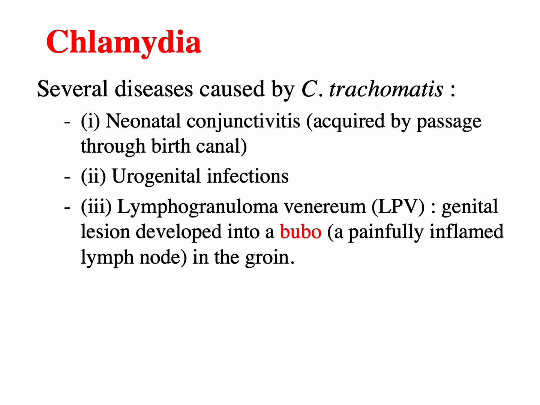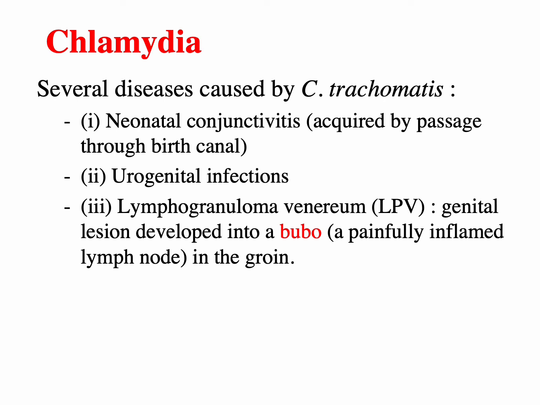There are several diseases that can be caused by chlamydia. Obviously neonatal conjunctivitis, the newborn eye infection, which is acquired by passage through the birth canal from a mother who carries it. Then you have urogenital infection, the infection of the genital tract. And then there is lymphogranuloma venereum, LGV.